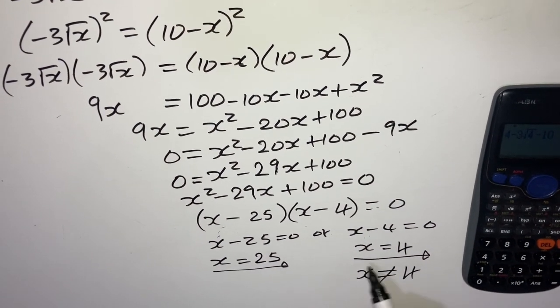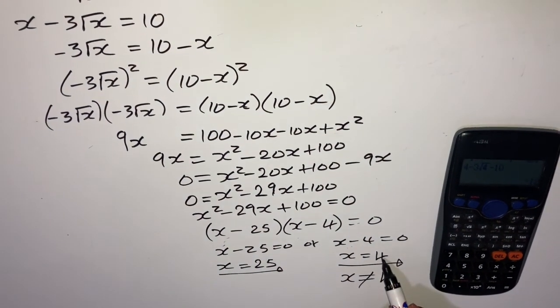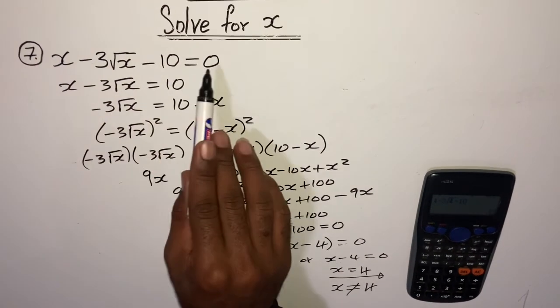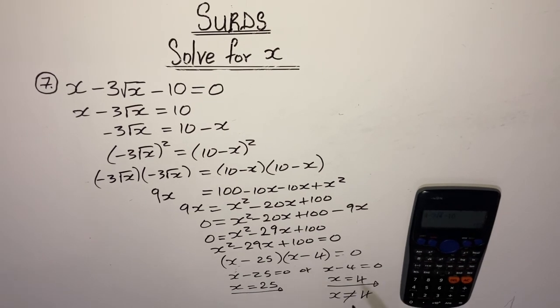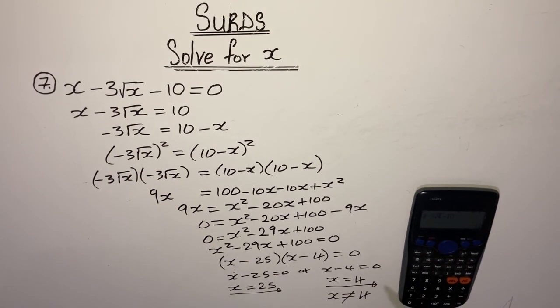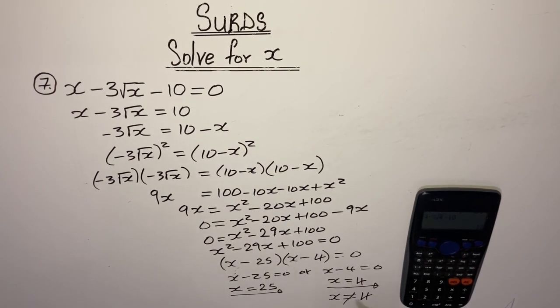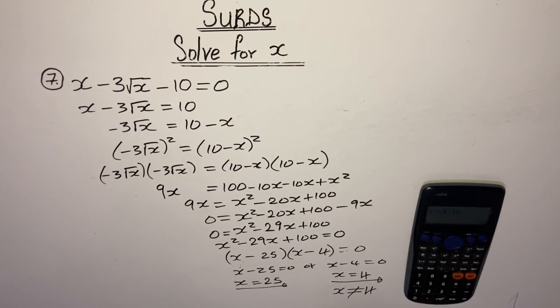Then you'll get a mark for this conclusion, because if you just leave your answer here, you are saying that when I substitute x into my equation, I'll get a 0. But when you substitute 4 into your equation, you get a negative 12, which is not a 0. Therefore, this conclusion will give you a mark. Then yeah, this sum is done.